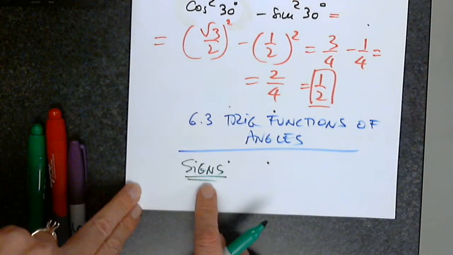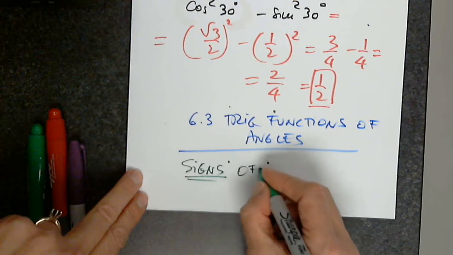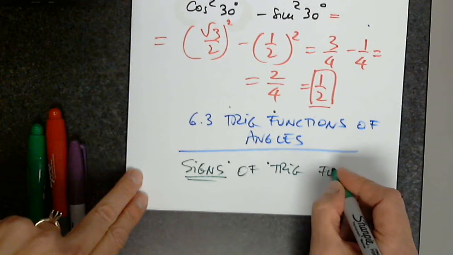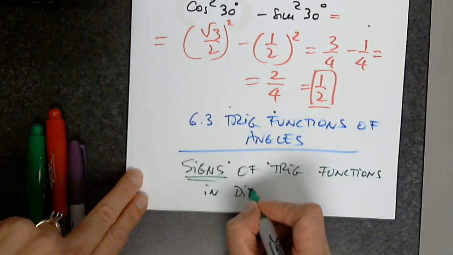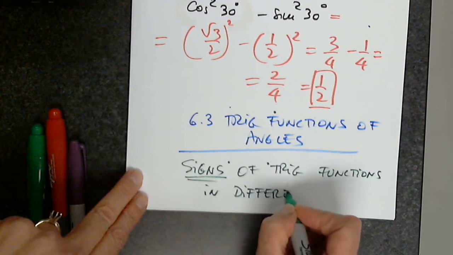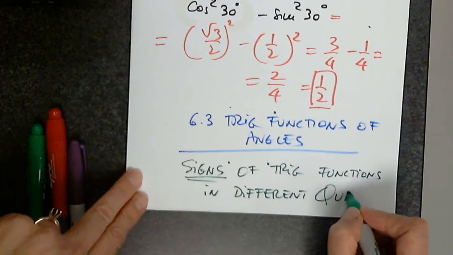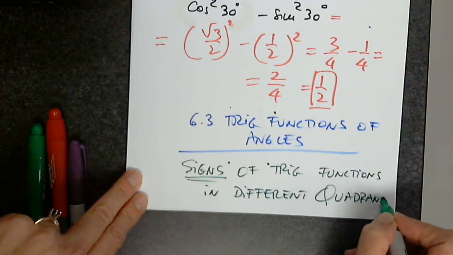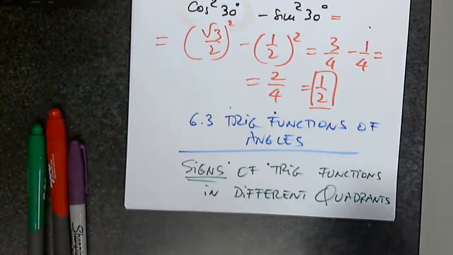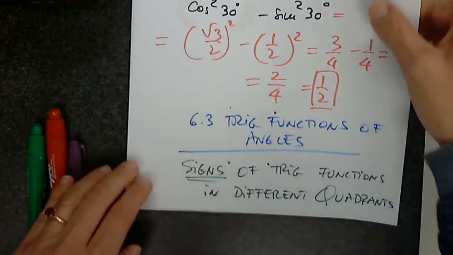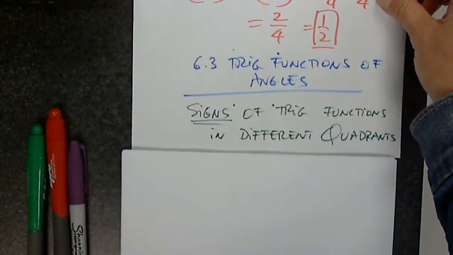This is not sine, but the sign, plus or minus. Signs of trig functions in different quadrants, because we have to establish that. That's very important. So let's look at the unit circle.